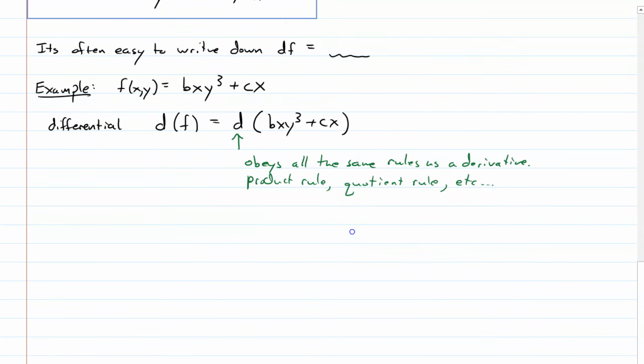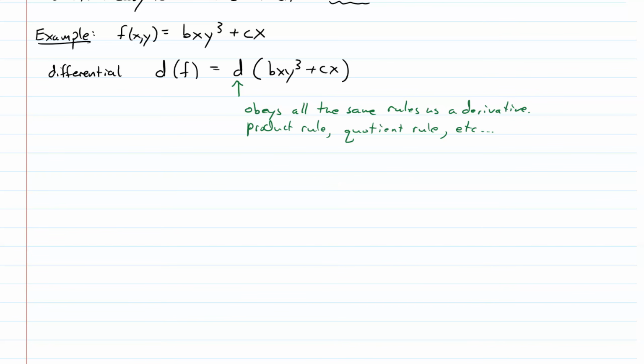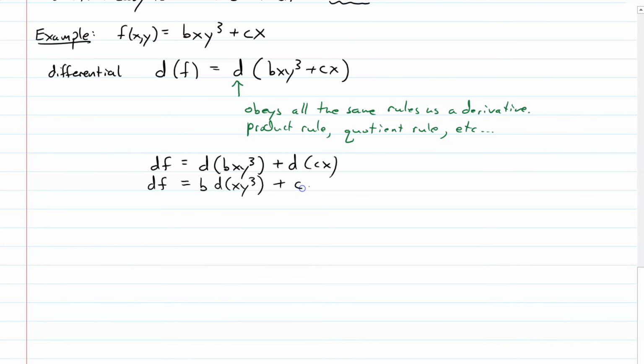So let's simplify this out using those rules for derivatives. df is equal to, now the derivative is linear, so I can take the derivative of each term, d of bxy cubed plus d of cx. Now b is a constant, so it has no change. Right? There's no change in b, so it comes outside the derivative, just like a regular derivative. So b times d of xy cubed plus c, same thing with c, d of x, like that.